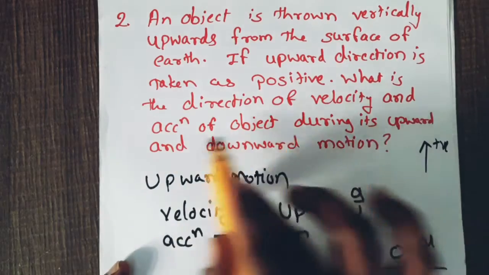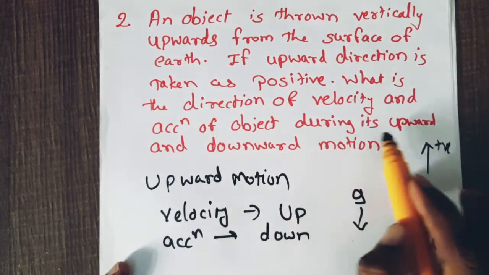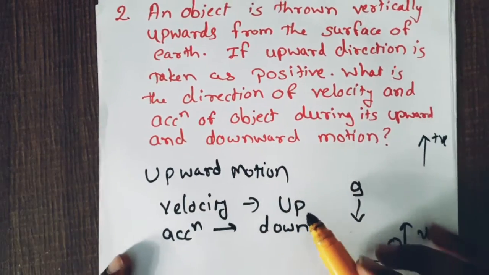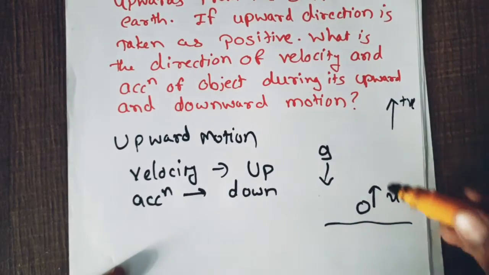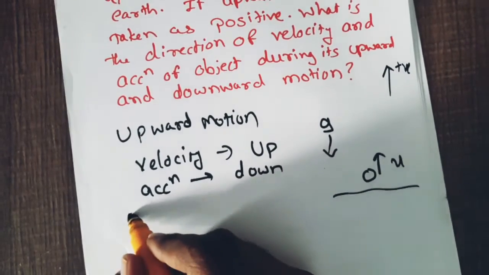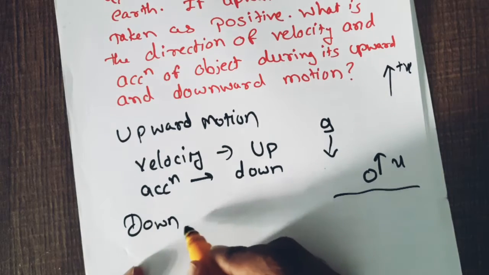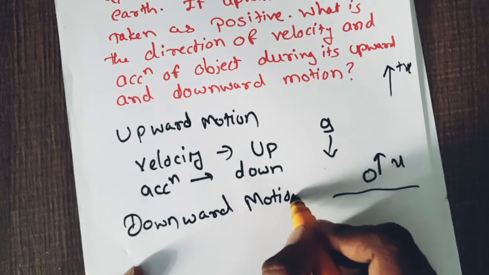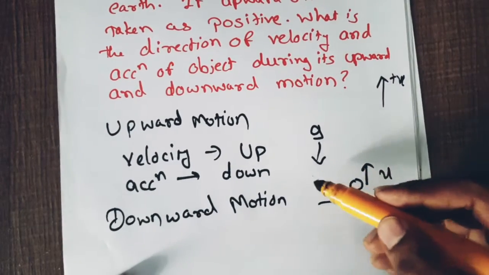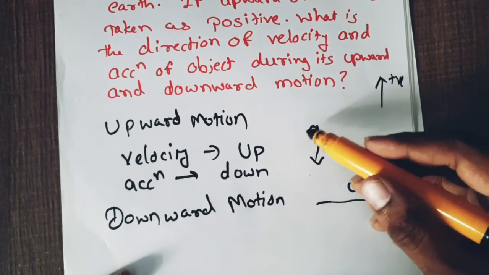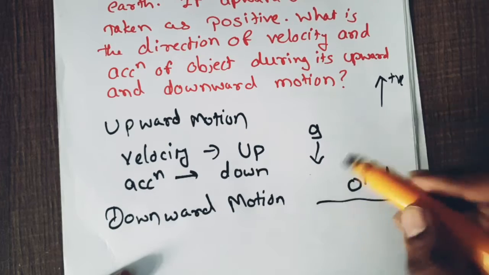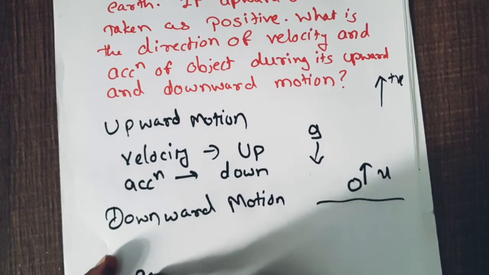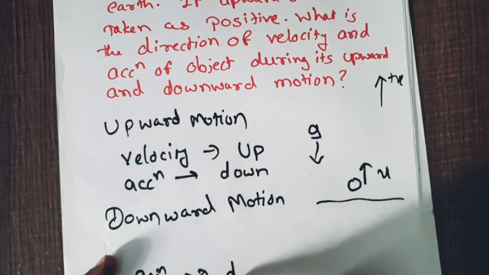So during upward motion, velocity is upwards and acceleration is downward. During downward motion, what will happen? Since earth always pulls down, acceleration still remains downward. In the second case also, acceleration will remain downward.